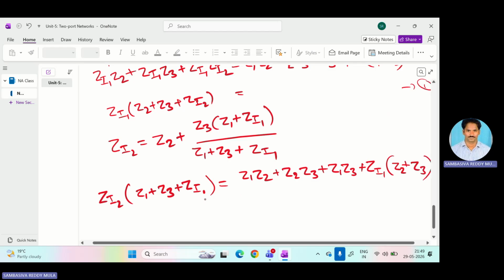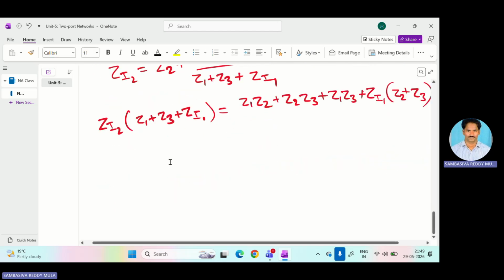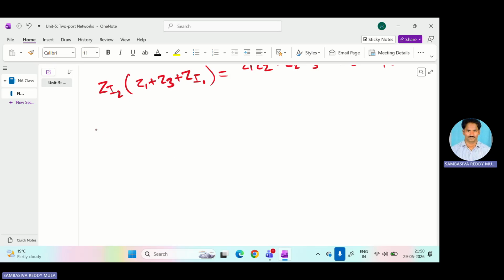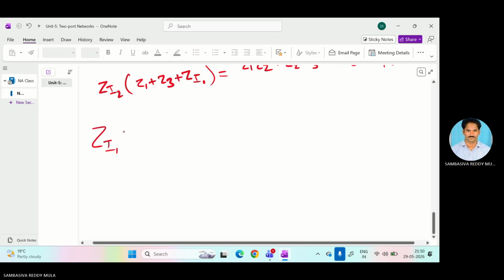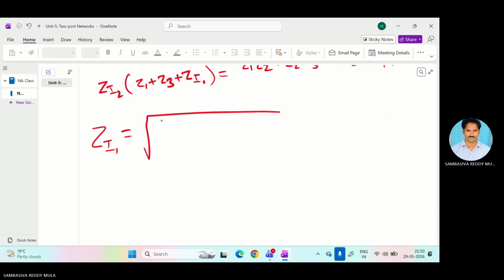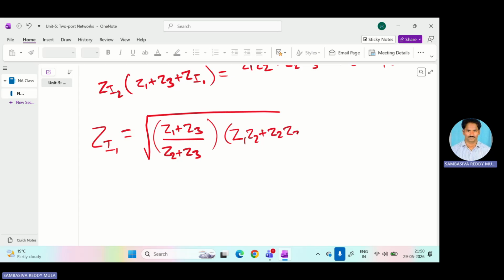So by comparing these two equations, we get the expression for ZI1 as the square root of Z1 plus Z3 divided by Z2 plus Z3, into Z square, that is Z1 Z2 plus Z2 Z3 plus Z3 Z1.